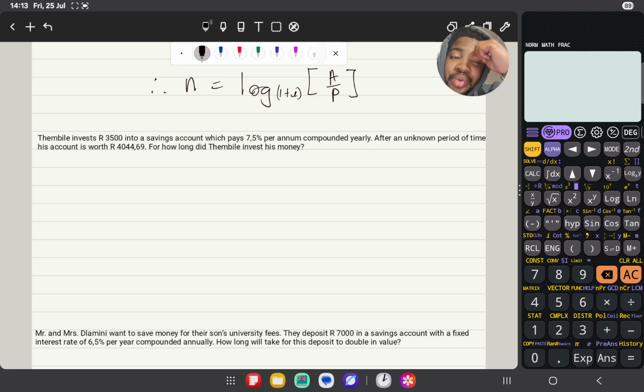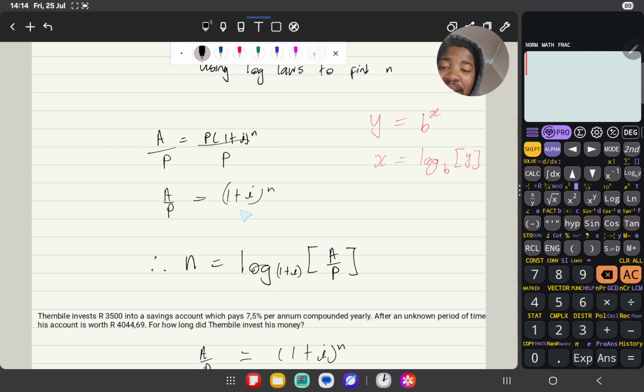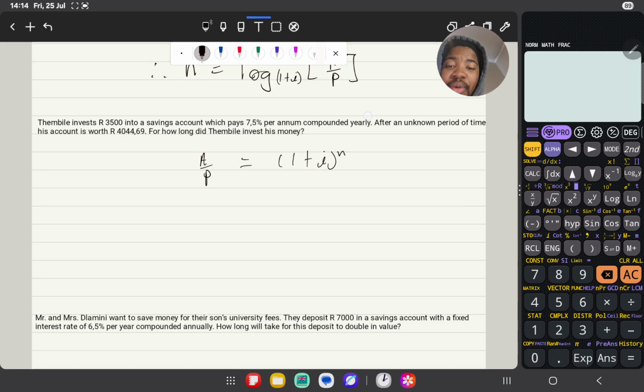We need to calculate how long it has taken for that 3,500 to end up at 4,044. First things first, you can basically start with A over P equals 1 plus i. You can start your formula like this. You don't have to start with the other form and then divide by P, because it's still part of the formula.